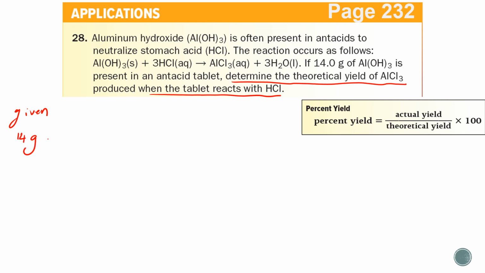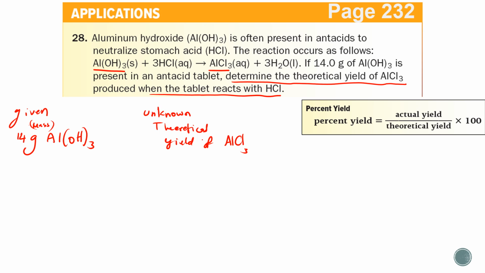14 grams of AlOH3 اللي هو هذا. What is the unknown? The unknown is the theoretical yield of AlCl3, which is this one. شو معنى theoretical yield?